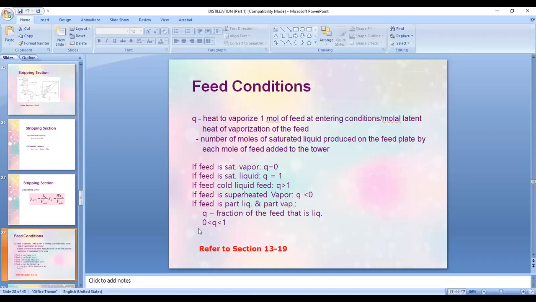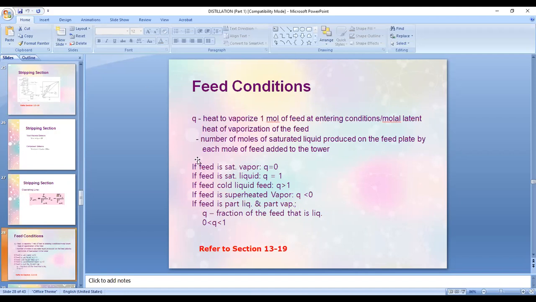And how do you determine the actual Q, if that is the case? The fraction of your feed that is liquid tells you your Q. So if it's 20% liquid, then your Q is 0.20. If it's 30% liquid, then your Q is 0.30. That is in the case of mixtures.